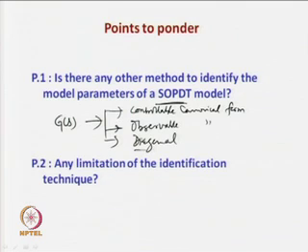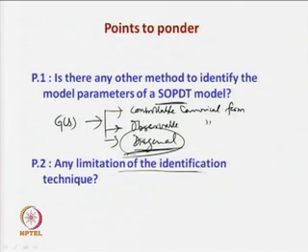We have considered in our analysis the diagonal form only. If you employ the controllable canonical form or observable canonical form, you will definitely get the same expressions, but the analysis technique will be different. So, there are many methods to identify the model parameters of a second order plus dead time transfer function model.